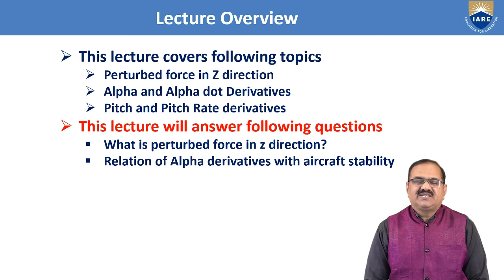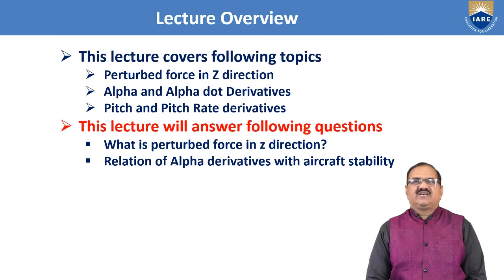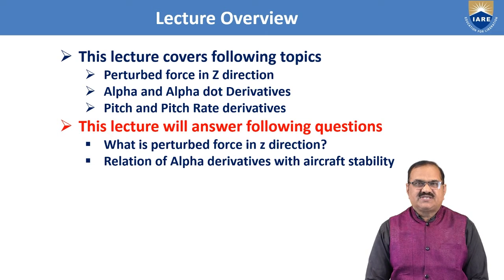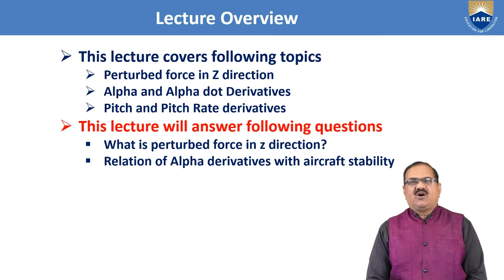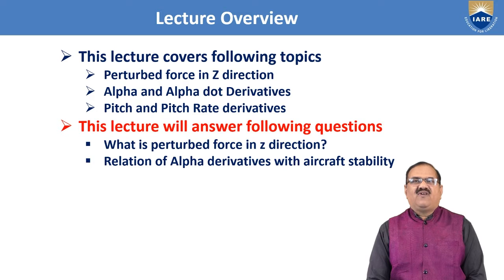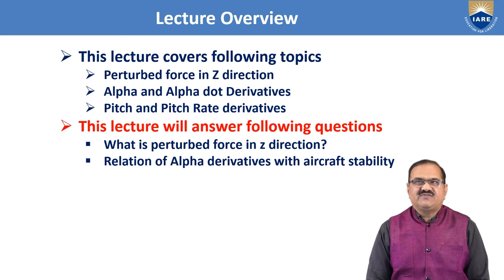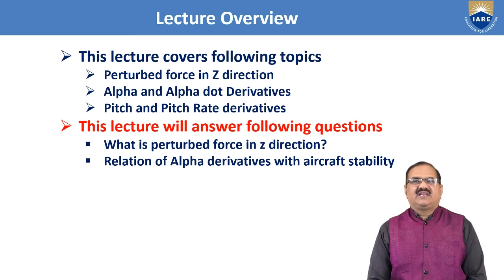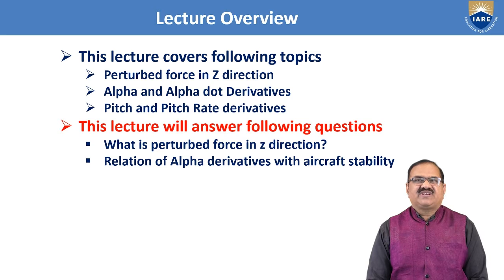In today's lecture, I am going to discuss a few topics. These topics are Porter force in Z direction, alpha and alpha dot derivatives, then pitch and pitch rate derivatives.